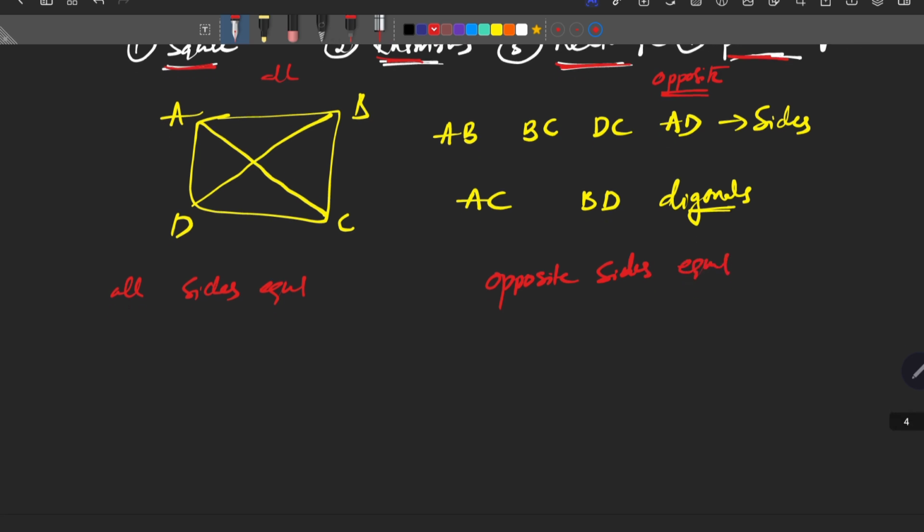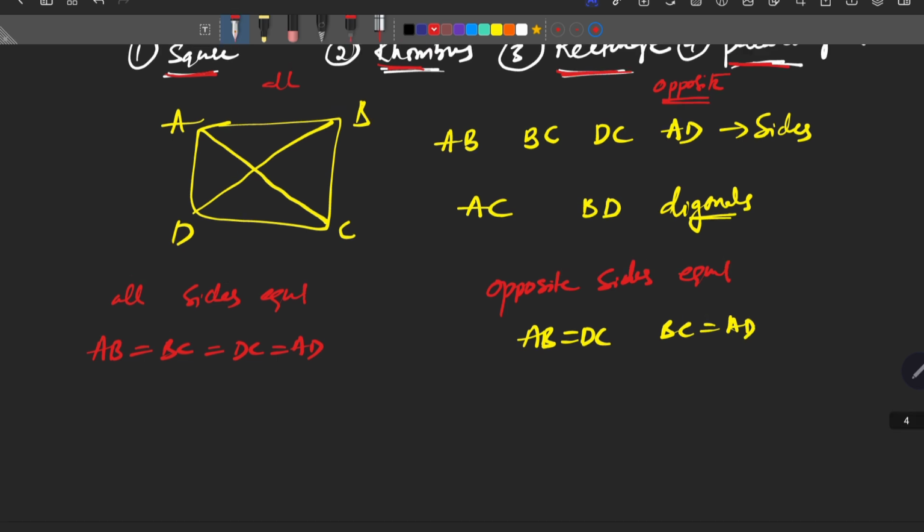If all sides are equal, AB equals BC equals DC equals AD. In the other, opposite sides are equal, which means AB equals DC, BC equals AD. I hope everyone is clear.